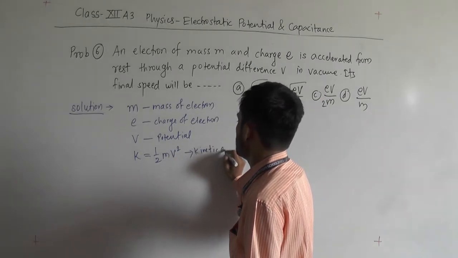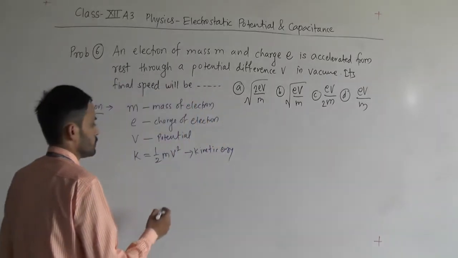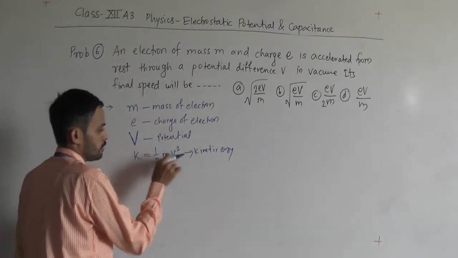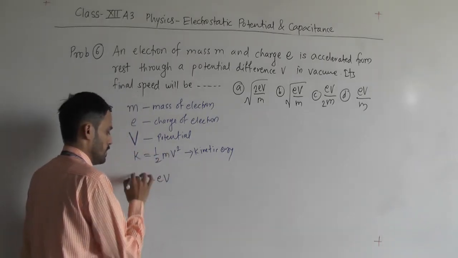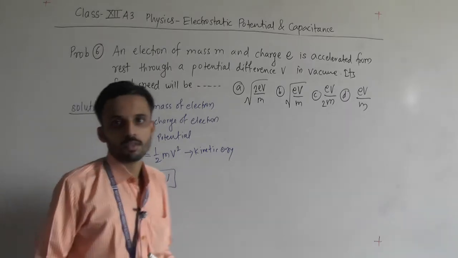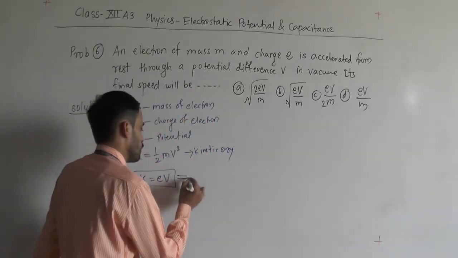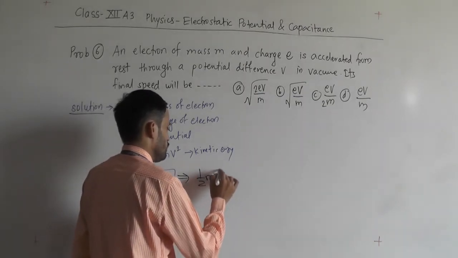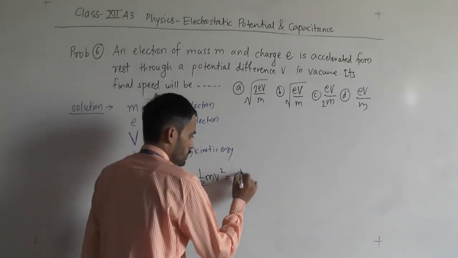We know that K is equal to eV. Just now I have given you the trick or the formula. So by using this trick, you can write half mv square is equal to eV. Now this V is your potential.